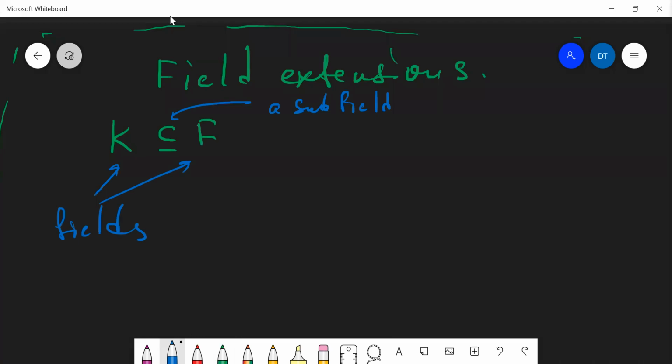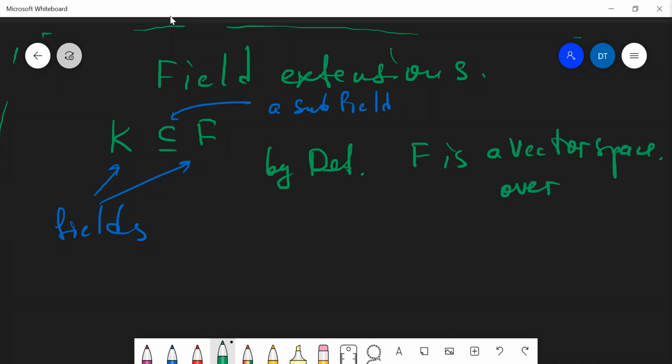Now, in this case, just by definition, you may think of F as a vector space over K. Why? Well, what is a vector space?